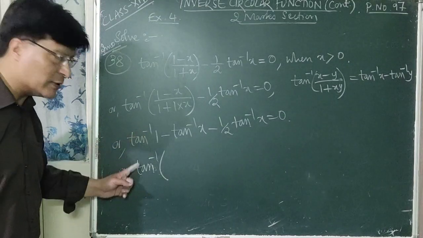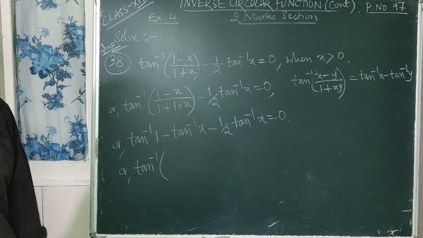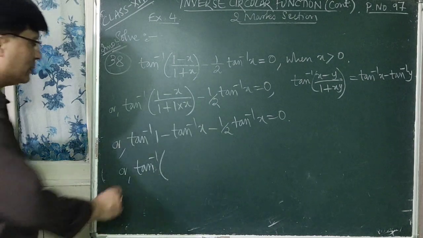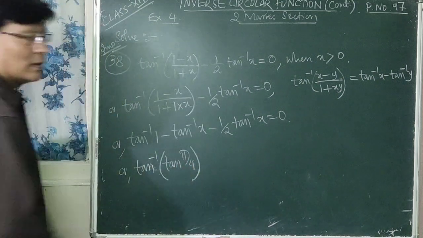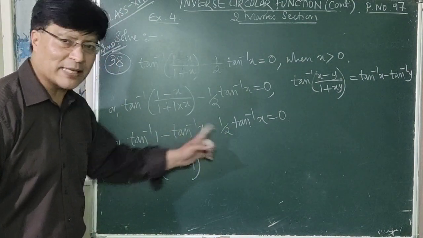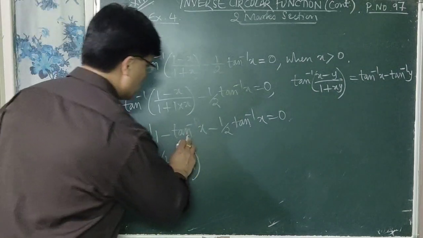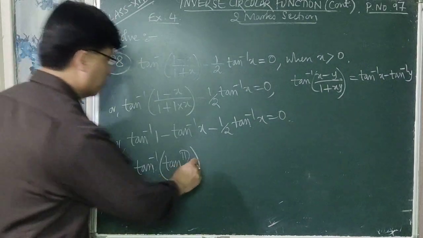If this is tan inverse, you can write 1 in terms of tan. So tan of which angle is 1? It is tan pi by 4. And now you can simplify this second term and third term, same sign, you have to add them. So similar terms and same sign, you can add them.